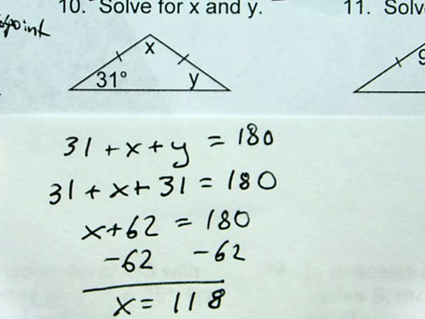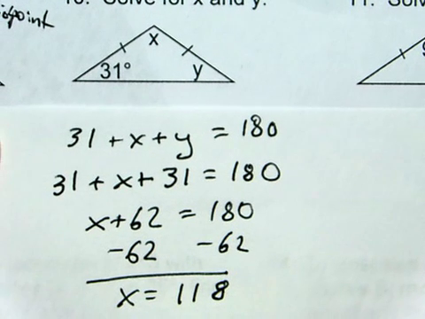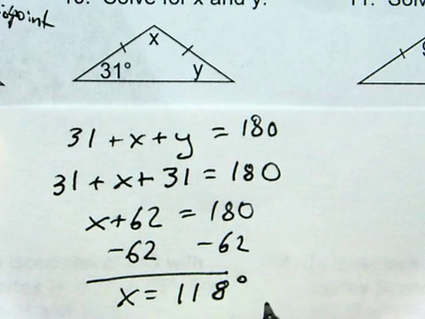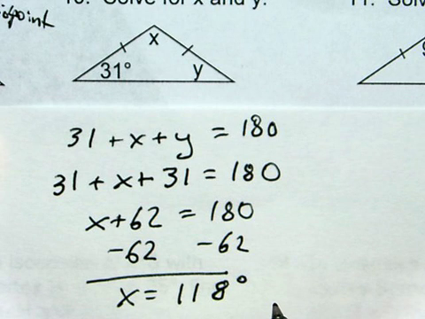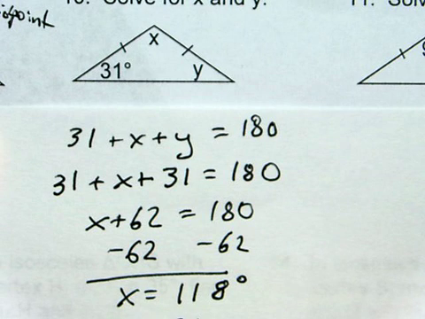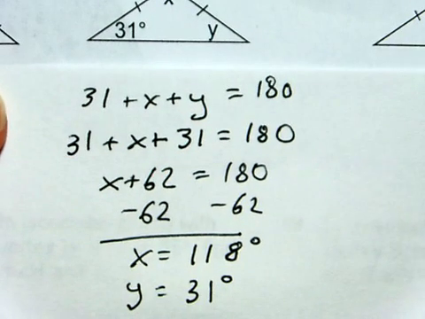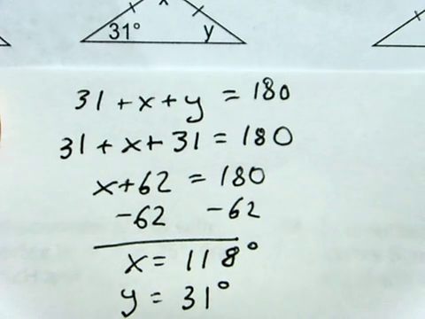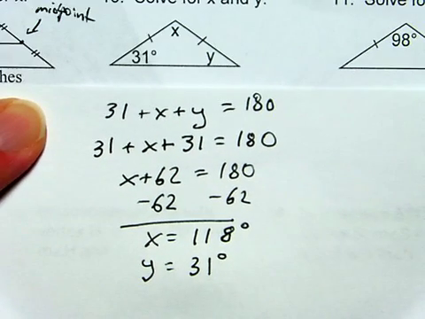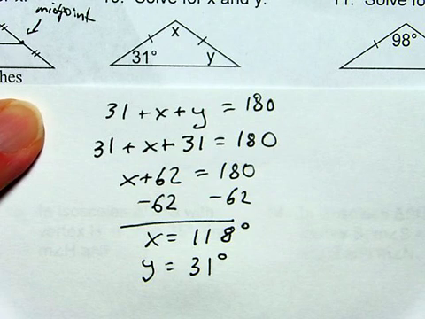So we are done. X is equal to 118 degrees. And because we're supposed to solve for both x and y, we already pointed out that y is equal to 31 degrees, because it is one of the two base angles, along with the other 31 degrees.